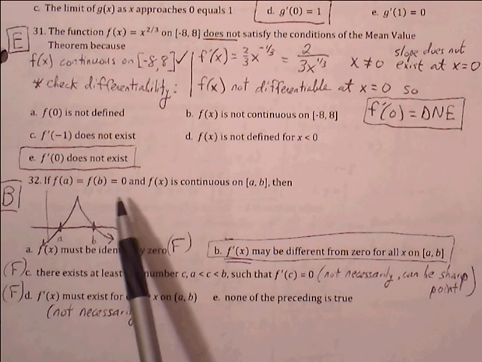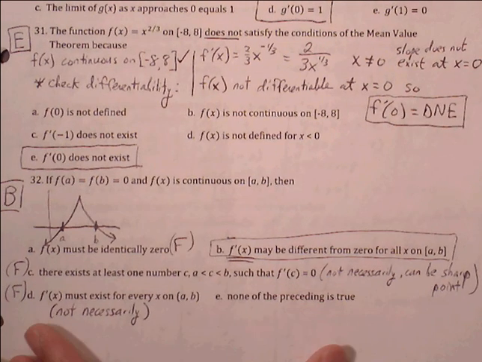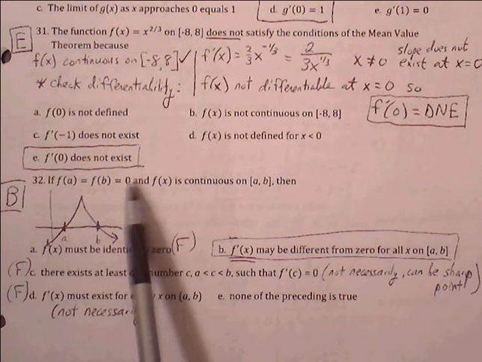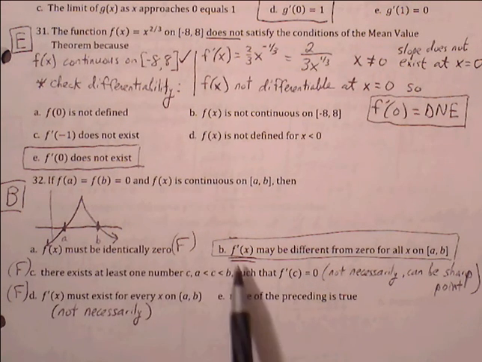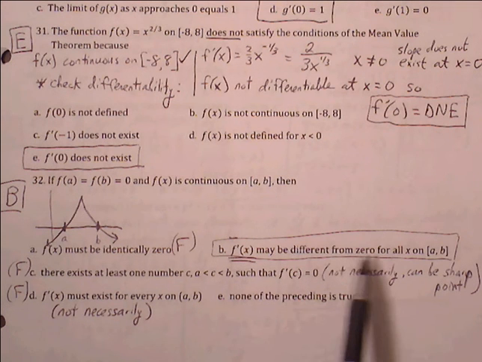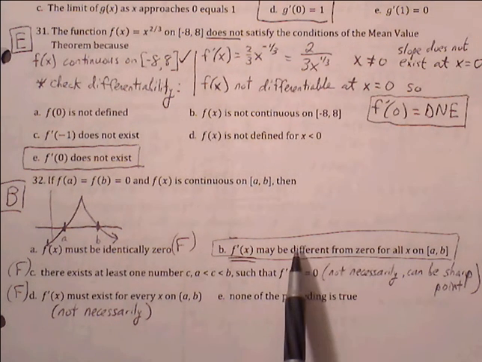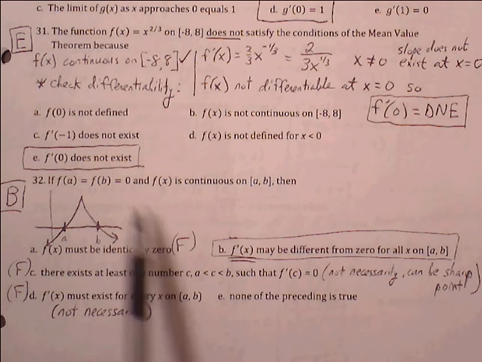However, we do need to take into consideration that this is a possibility based off of these two conditions alone. So f prime may be different from 0 for all x, and may be different can also mean where slope is undefined.